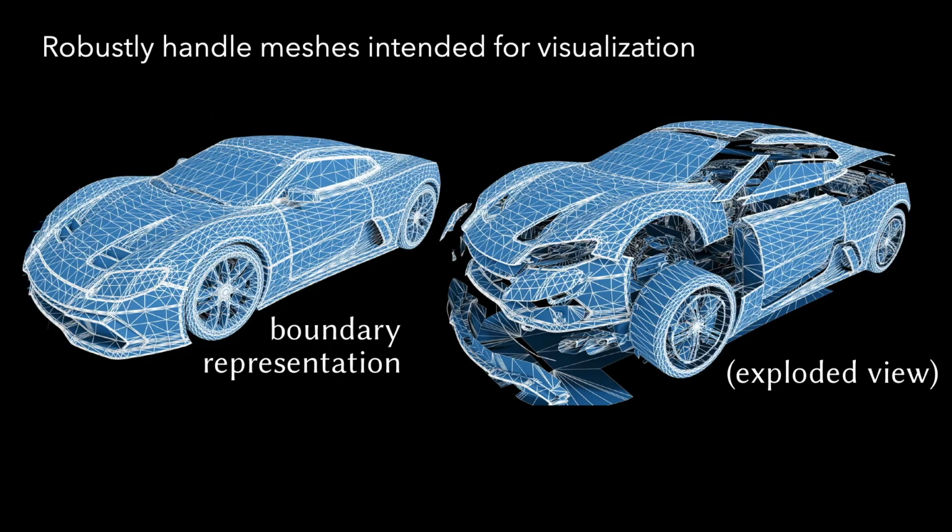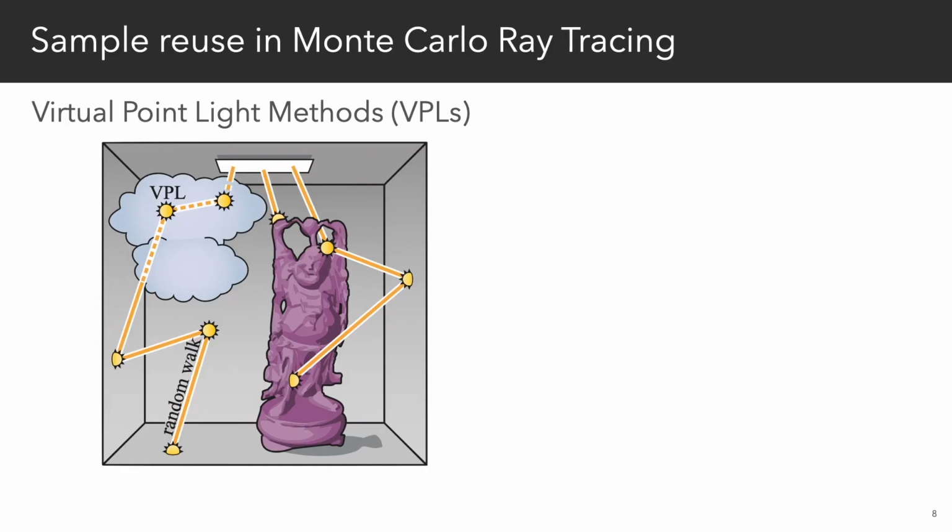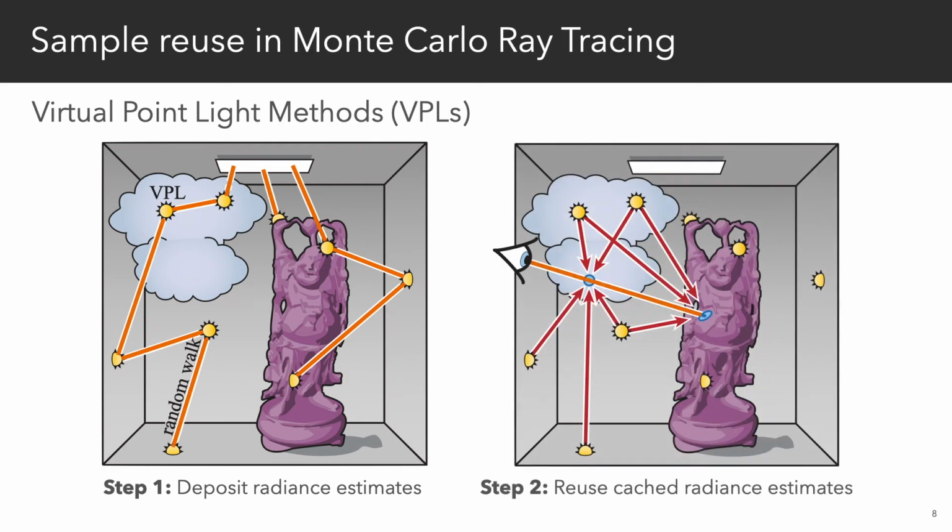Now, reusing sample estimates to better exploit spatial regularity is not a new idea. We take inspiration from virtual point light methods in rendering, which first deposit radiance values in the scene, and then reuse these cached values to estimate the radiance at each pixel on the camera.